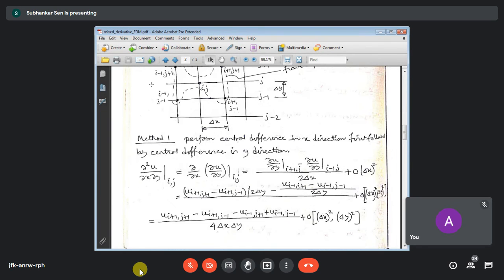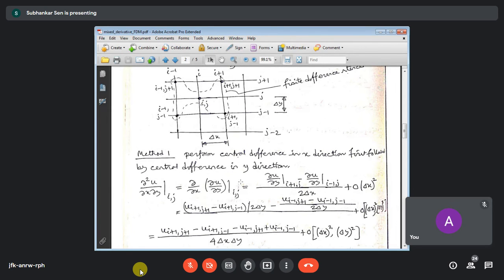So in this particular node, your j is j and i is i. So i will change, but j will not change. For central difference, for the first derivative, you have to move from i to i plus 1 and also from i to i minus 1. So that we are doing. So if this is phi, del phi del x is phi at i plus 1 j minus phi at i minus 1 j.